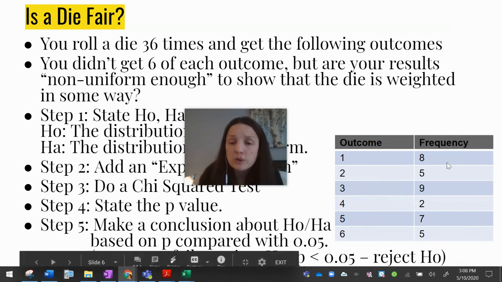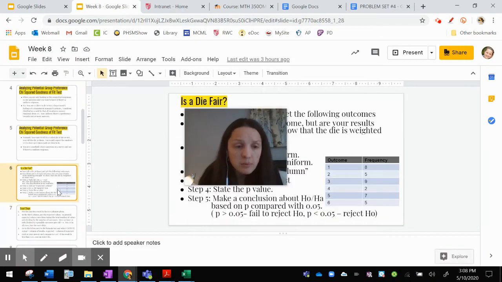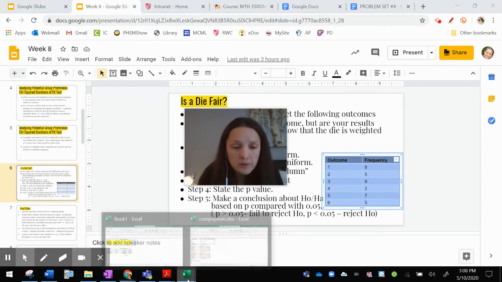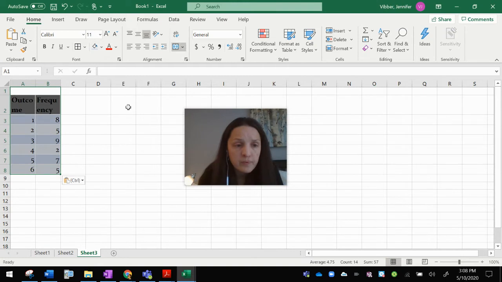So I'm going to actually grab this table and then talk it through in Excel. So if I grab that table and I dump this information into Excel, okay.